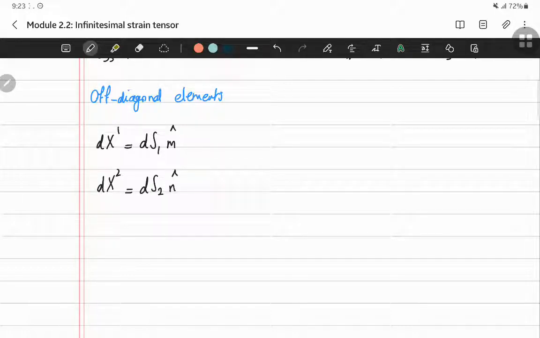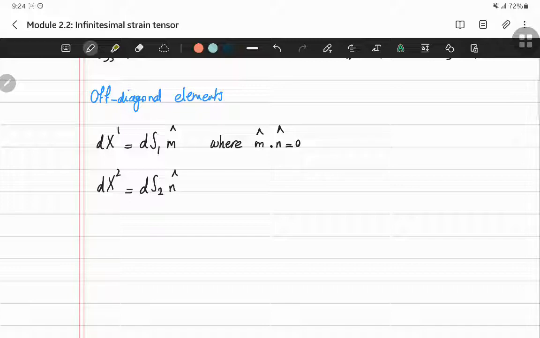So you have two different vectors here, where we only consider the case m dot n equal to 0.